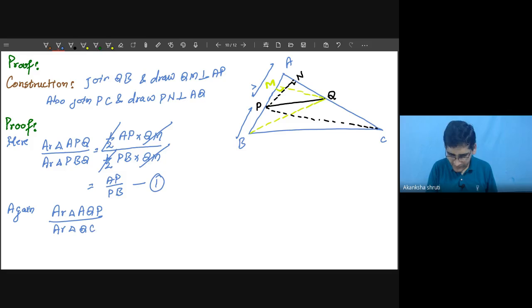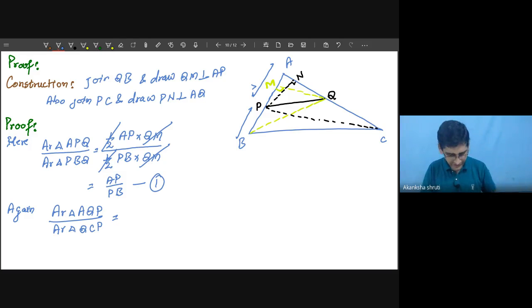Student, whether you take the triangle APQ or AQP, they mean the same thing. But in this case, for the area of triangle APQ, we shall take PN because that will get cancelled while we are taking the other triangle with base QC. That we have to take carefully.